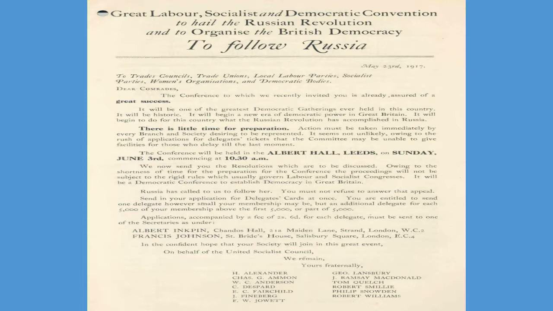So anyway, when the revolution broke out, again it was a revolution against the repressive nature of the regime, but also a revolution against war, a revolution for peace. It had obviously a world-shattering impact, and it had that impact in Britain as well.